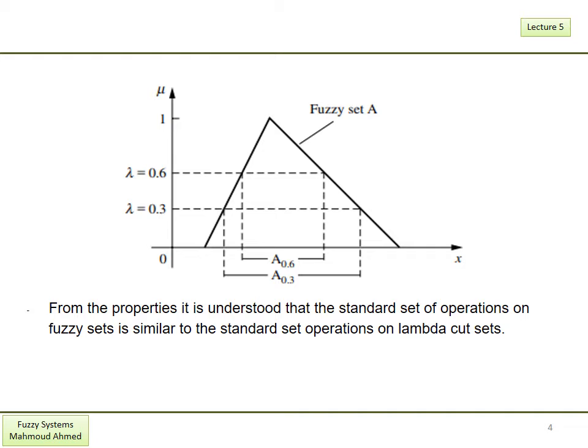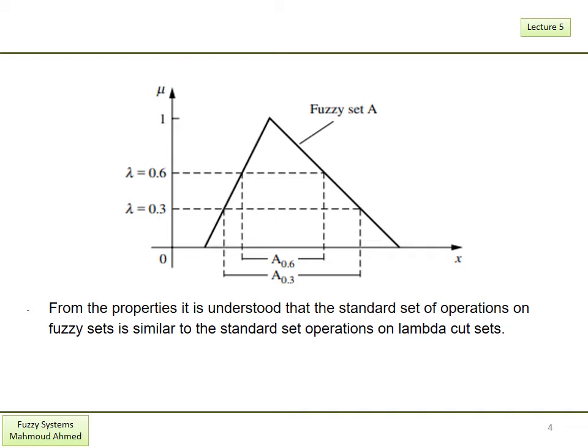In the same way, for the given amplitude of lambda 0.3, the range of elements X of the fuzzy set A lies between this point of intersection and this point of intersection on the x-axis, which indicates that for this range we have the maximum value at the intersection points with the membership function, such that lambda is equal to 0.3.